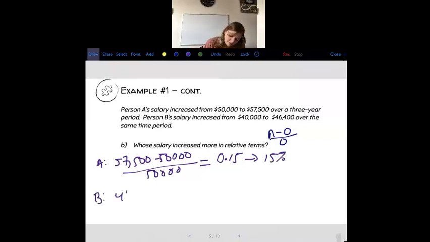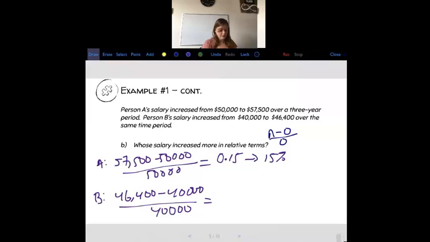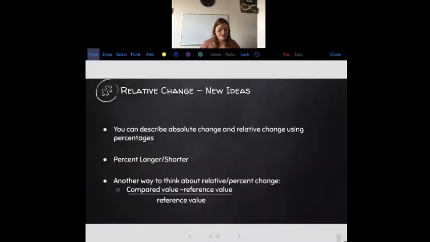Person B, and we'll put this in the calculator, 0.16, which is a 16% increase. Okay, so in this case, in relative terms, person B had the higher increase. So something you want to be careful of when you're talking about pay increases, is it more fair to increase by a specific number or by the same percentage for everyone?